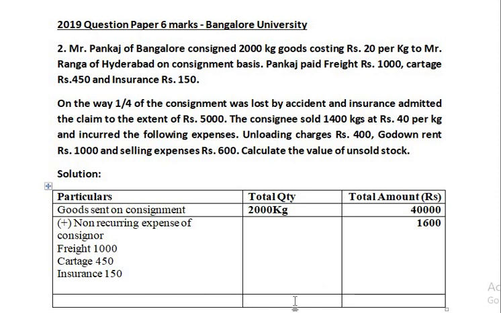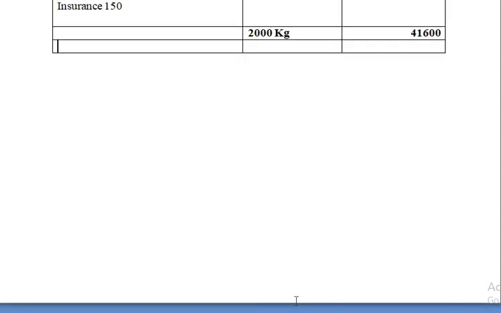Total quantity will be 2000 kg, and total amount 40,000 plus 1600, 41,600.